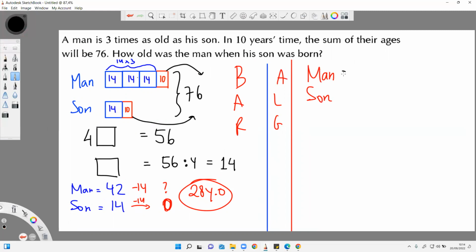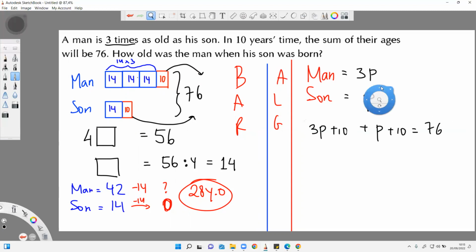We don't use the bar, but we use the letter. Let's say the son is P years old. How old is the man? 3P, that's right, 3 times. In 10 years' time, the man is 3P plus 10 and the son is P plus 10. Man plus son equals 76. Get it, guys?